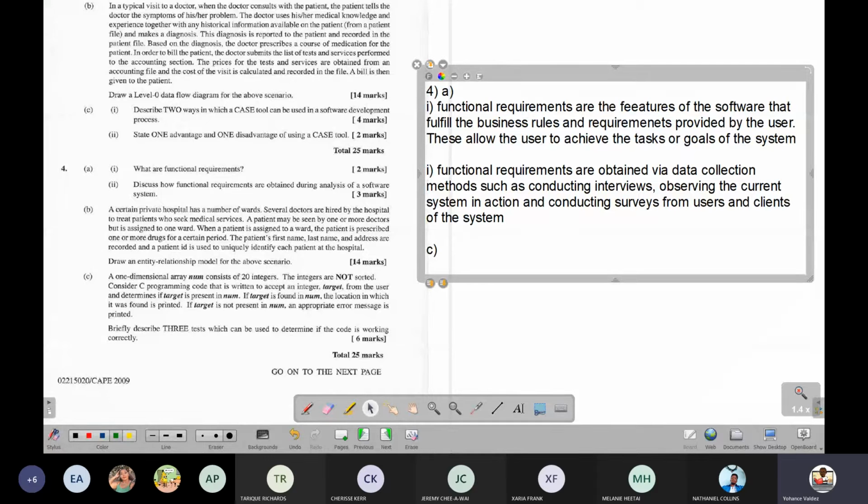So what can we do to test to see if this function is working correctly or not? So 3 things that you would do.